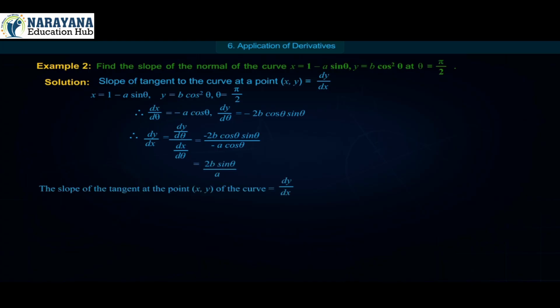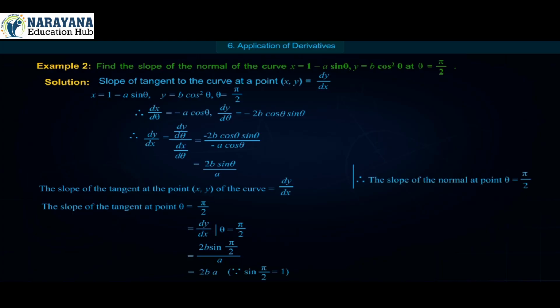The slope of the tangent at the point x, y of the curve is equal to dy by dx. The slope of the tangent at the point theta is equal to pi by 2 is equal to dy by dx at theta is equal to pi by 2 is equal to 2b sin pi by 2 upon a is equal to 2b upon a, because sin pi by 2 is equal to 1.